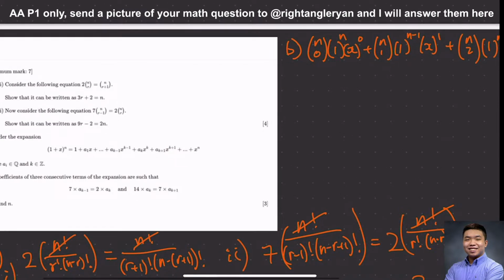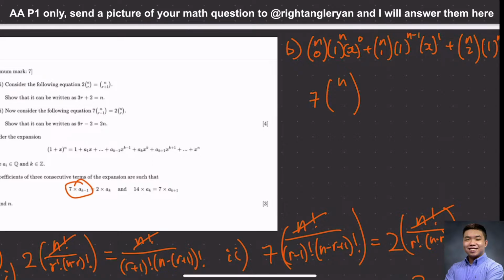Now, they're saying 7 times a of k minus 1. Okay, so that means I'm just going to have 7. And as I said, the coefficient of a of k minus 1 is simply just the choosing part, right? So it's going to just be n choose something.